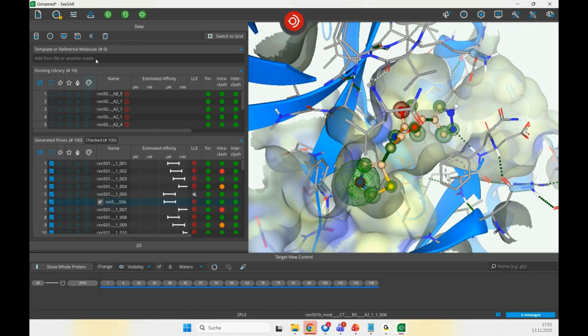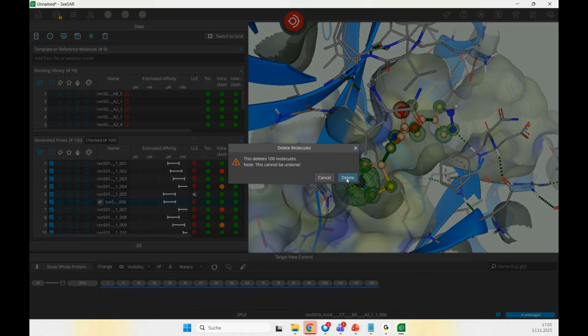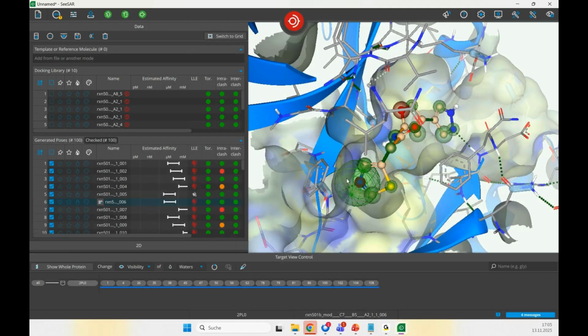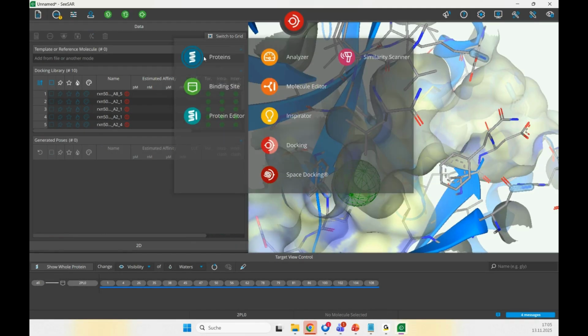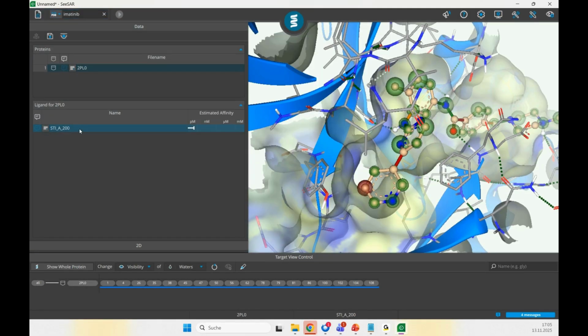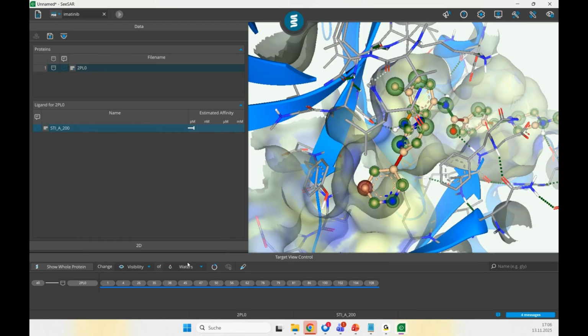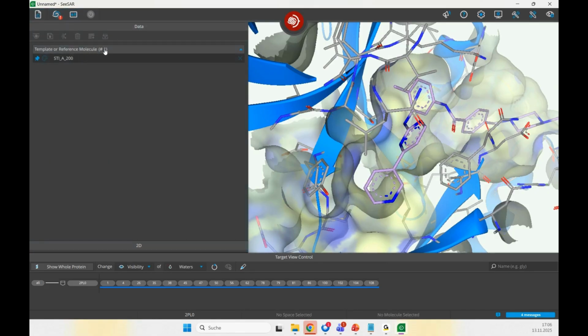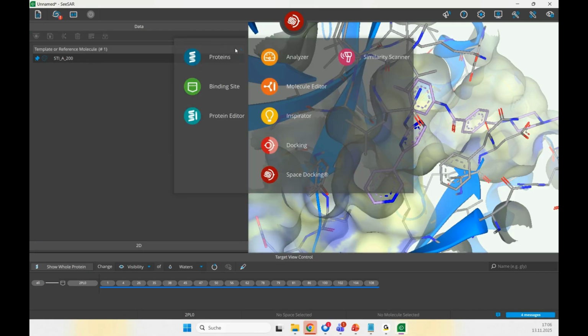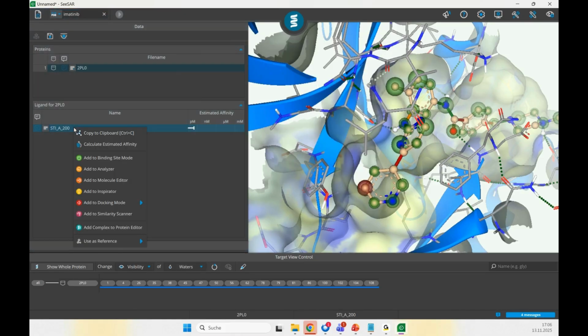Now for the template-based docking, we need an initial compound to work with. For this case, I will just go back to my protein mode. This is where my imatinib awaits. I will select imatinib and use it as a reference in my local docking mode.